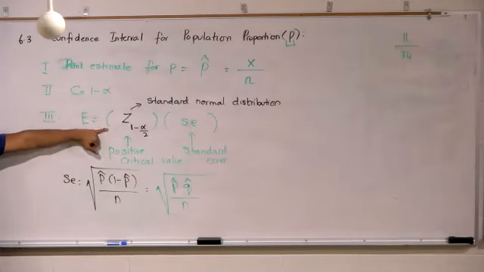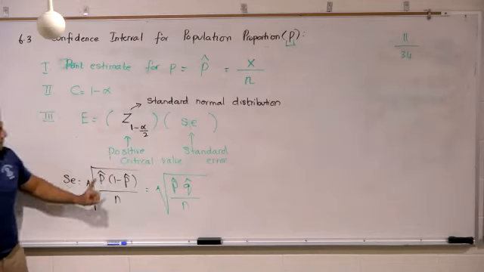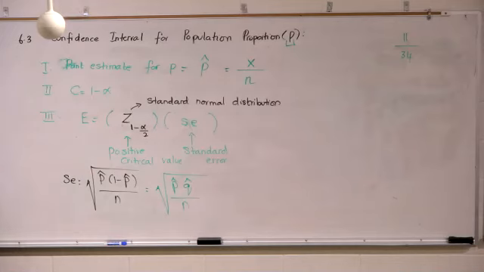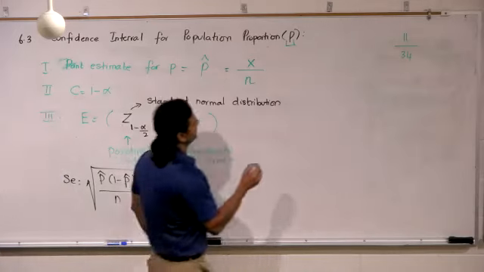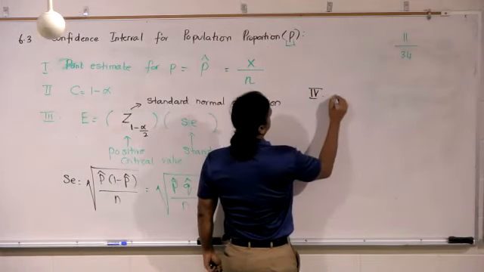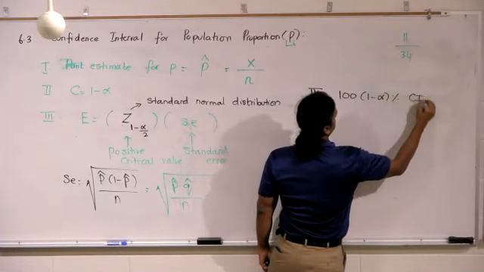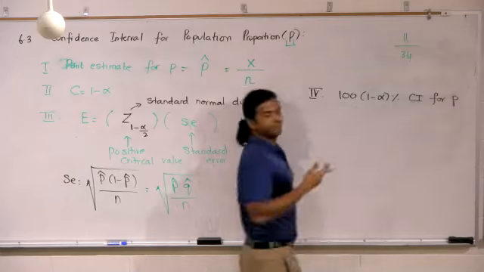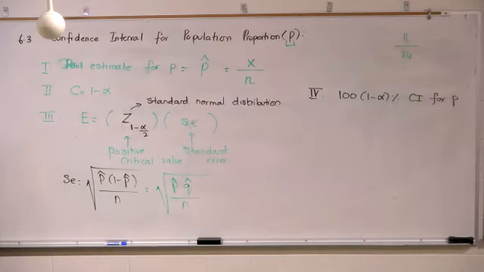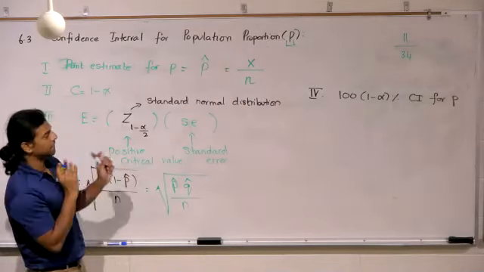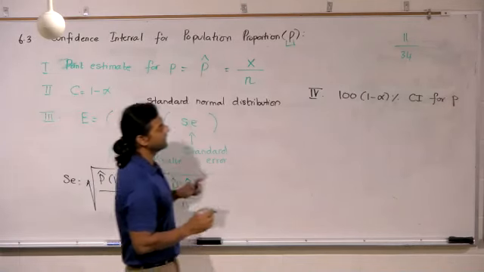So we know how to find the critical value. We know how to find the standard error. We put it in the formula, multiply, and we get the margin of error. And the last step is to find the interval for P. Last time, when we found the interval for mu, we added and subtracted the margin of error from the sample mean.